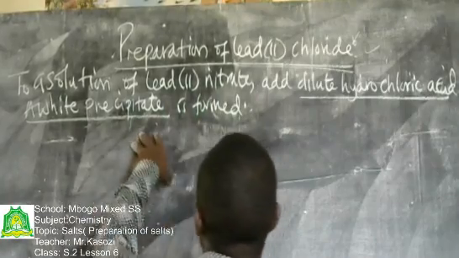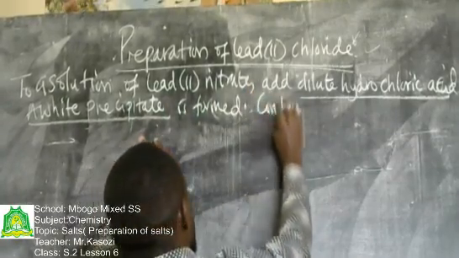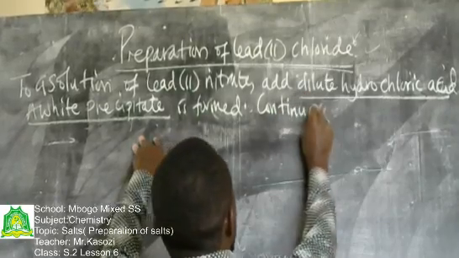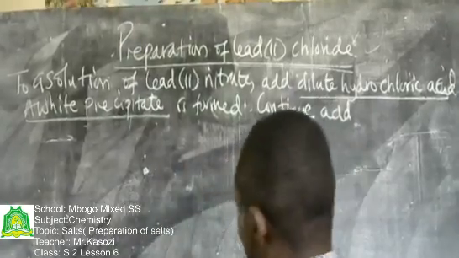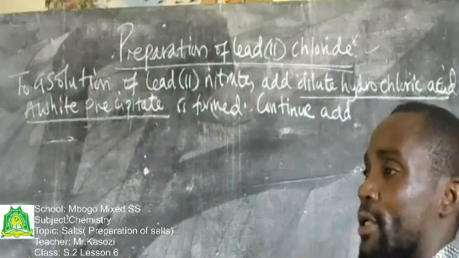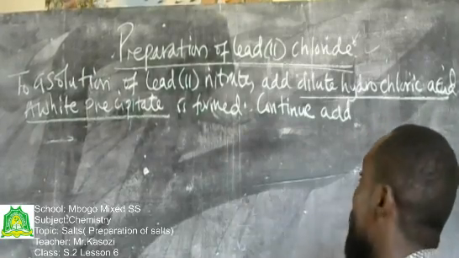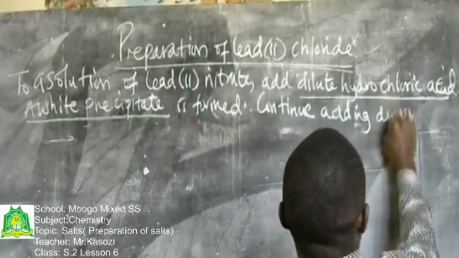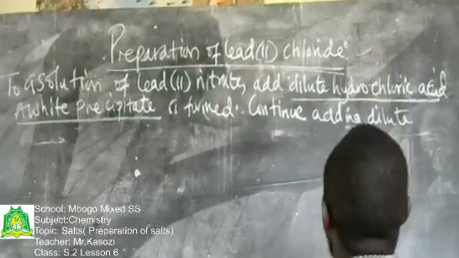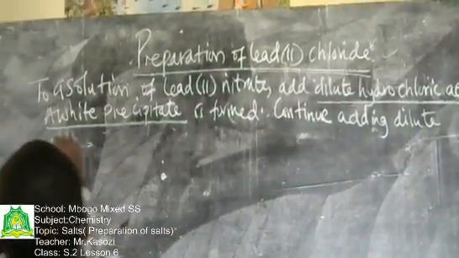Then you continue adding. Here you may not shake or stop, because the moment you add, the precipitate starts to form. Continue adding dilute hydrochloric acid.